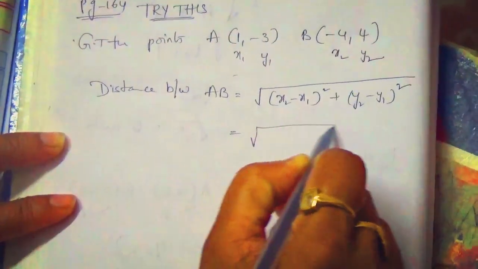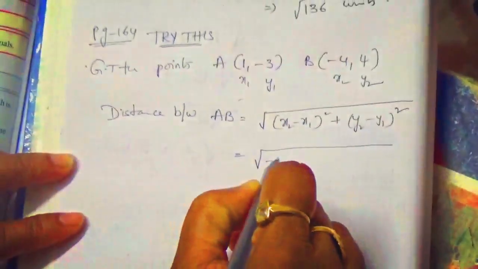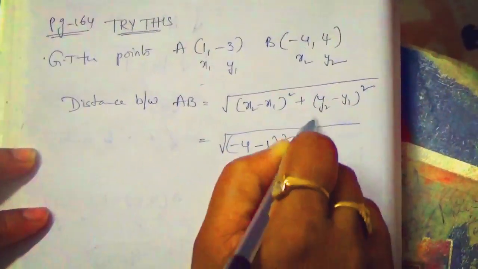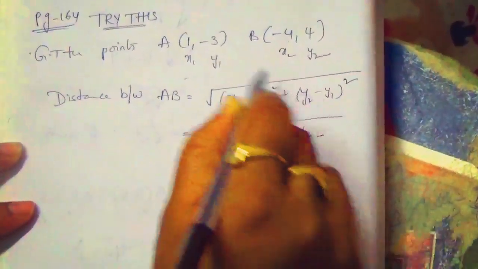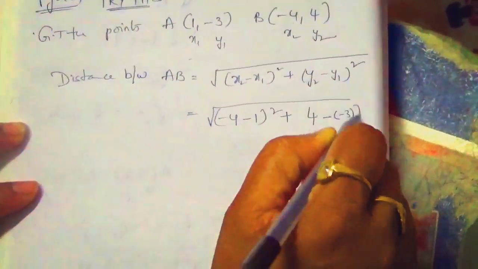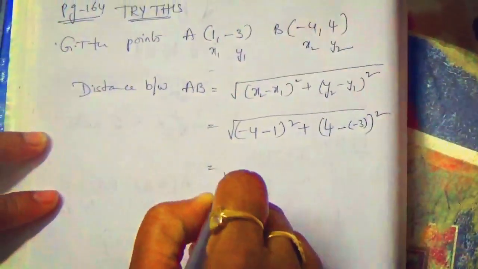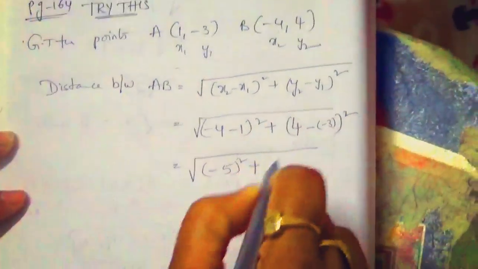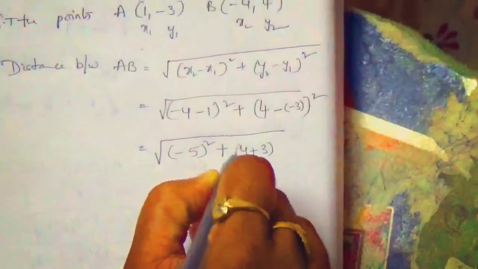That is equal to the square root of (x2, that is minus 4, minus x1, that is 1) whole square plus (y2, that is 4, minus y1, that is minus of minus 3) whole square. That is equal to the square root of (minus 5) whole square plus (4 plus 3) whole square.